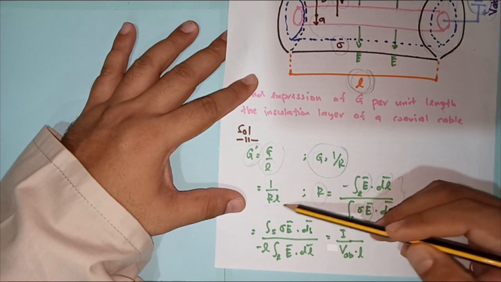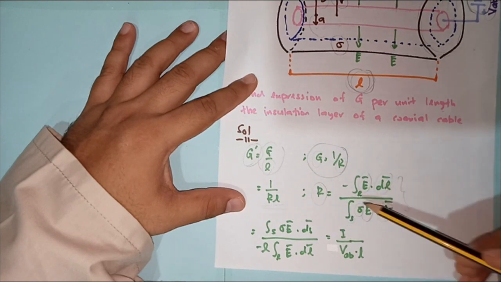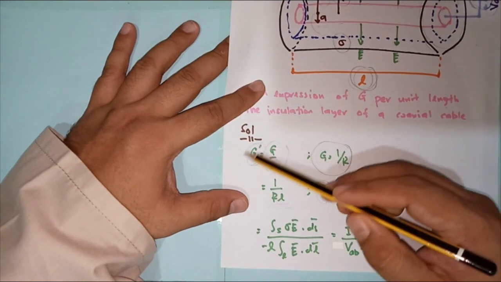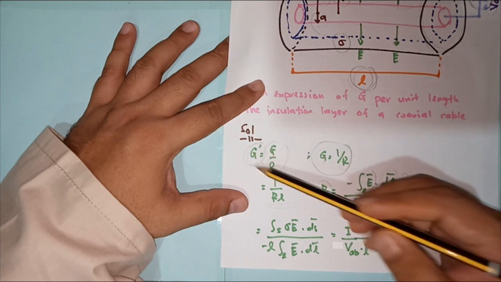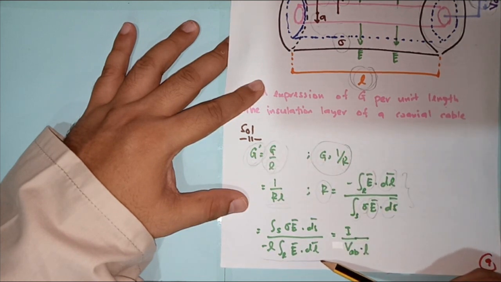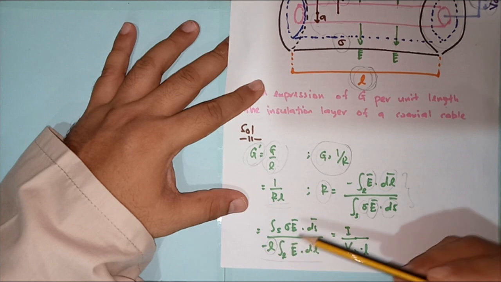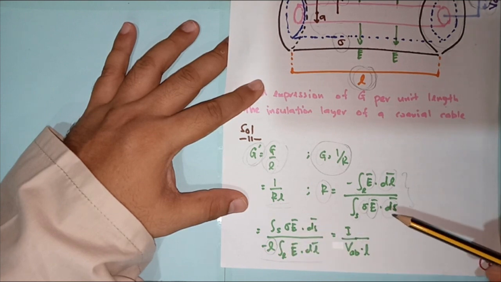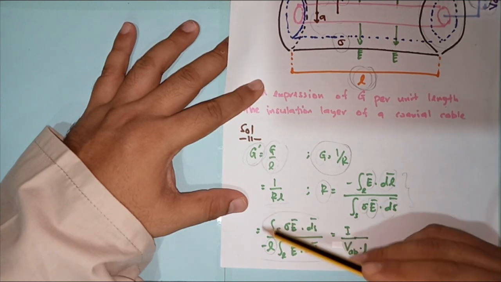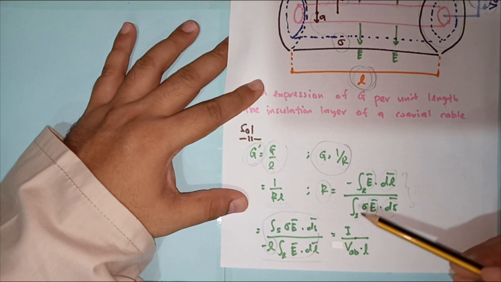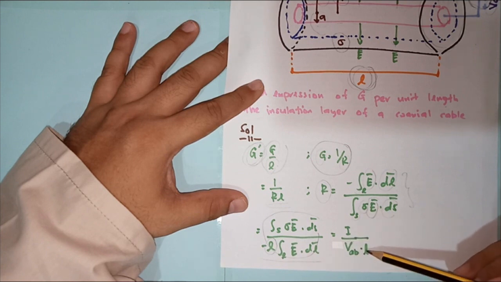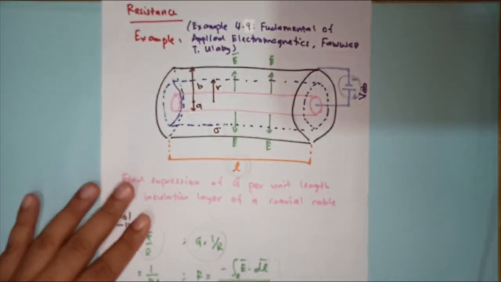By considering this equation, we have our expression for G prime, or G per unit length, equal to this expression, considering the value of L here. At the same time, this expression is also equal to I divided by VAB times L.